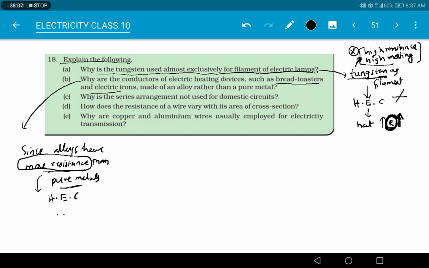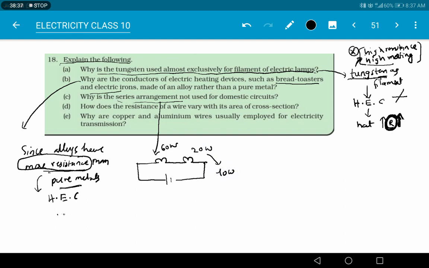Next, why is the series arrangement not used for domestic circuits? So what will happen in a series combination when you are connecting them? If one device fails to work, the rest of the devices will also fail to work. And one more drawback is there. The device which has low wattage consumes more power.